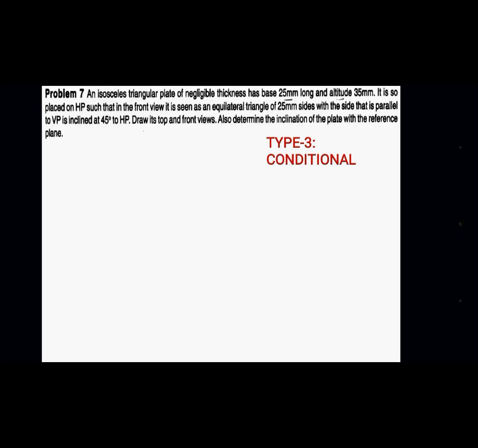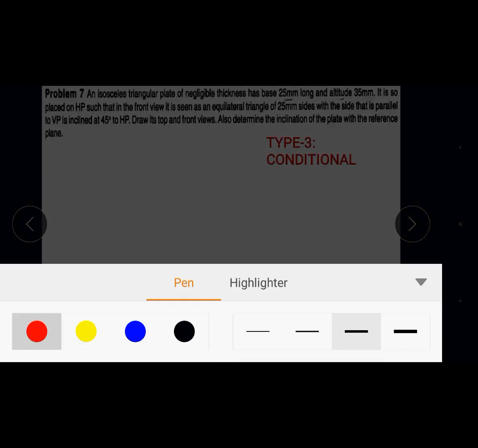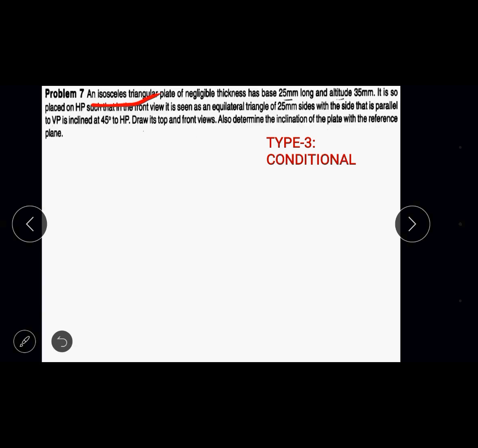One is the isosceles triangle, in which two sides will be equal, and the other is the equilateral triangle, with all three sides equal.